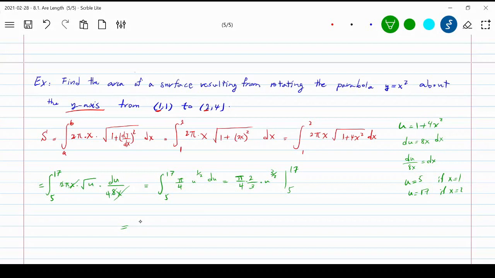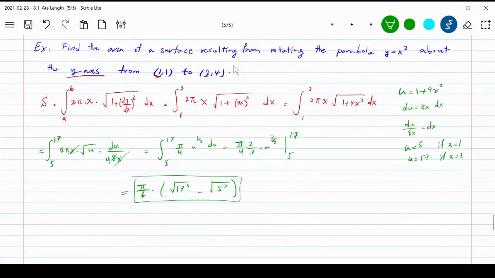And that is pi over 6 multiplied by, if you replace 17, you'll get square root of 17 cubed minus, if you replace 5, square root of 5 cubed, whatever this number is. So this is the area of the surface resulting from that rotation about the y-axis.